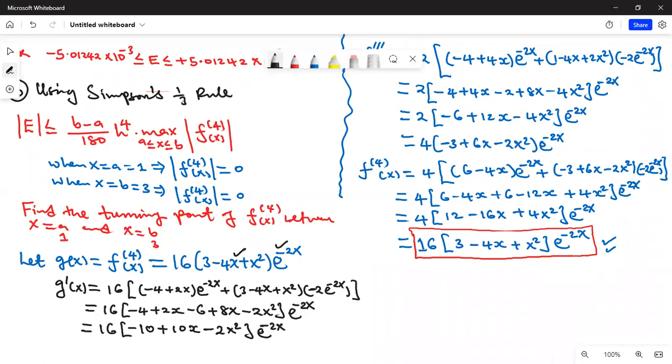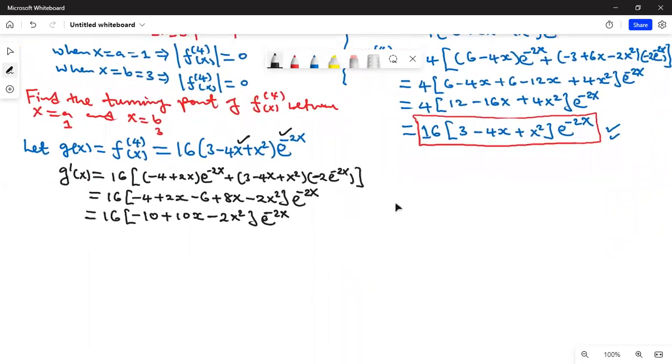This, I can see 2 is common. You can factor out 2 or even negative 2, whichever. Let me factor out 2 so that this is the same as 32 into negative 5 plus 5x minus x squared times exponential negative 2x.